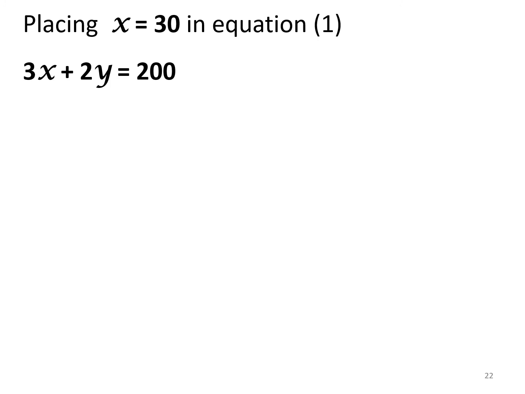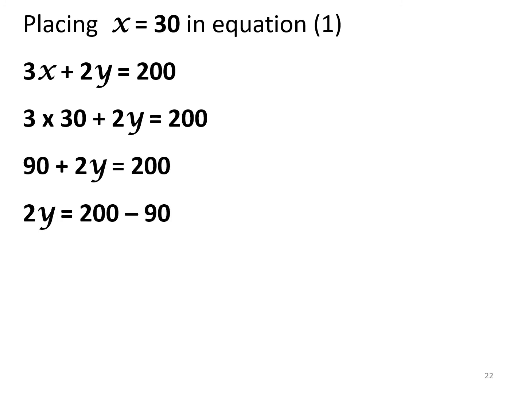Substituting x is equal to 30 in equation 1, that is 3x plus 2y is equal to 200. 3 into 30 plus 2y is equal to 200. 90 plus 2y is equal to 200. 2y is equal to 200 minus 90. 2y is equal to 110. y is equal to 110 divided by 2.